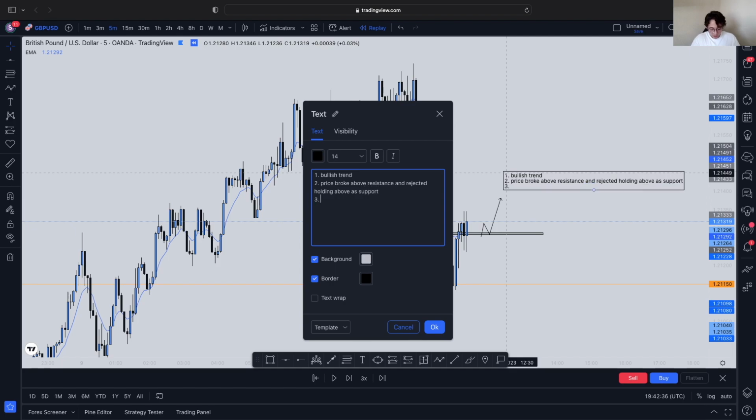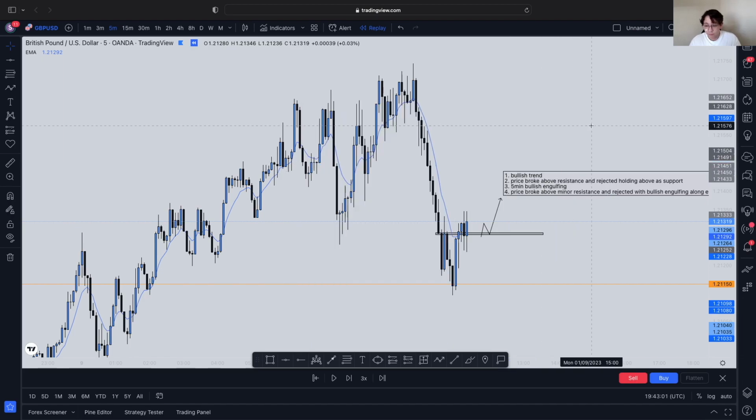Third one is that we got a 5-minute bullish engulfing. The fourth one is that price broke above minor resistance and rejected with a bullish engulfing along the EMA. So there you go, those are the 4 confirmations that we got.